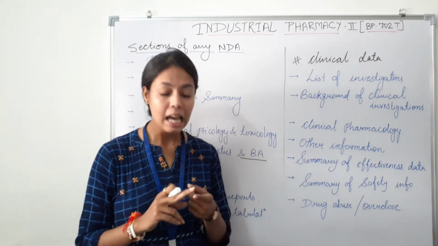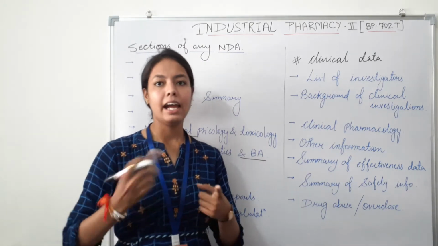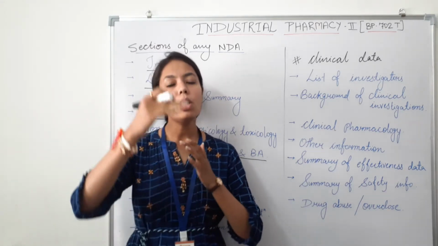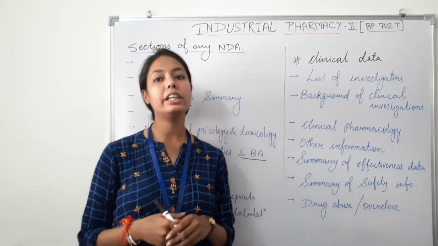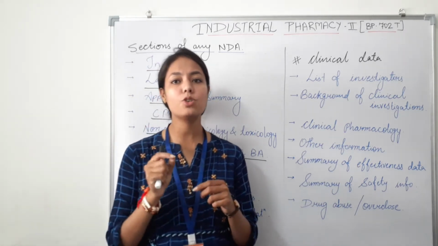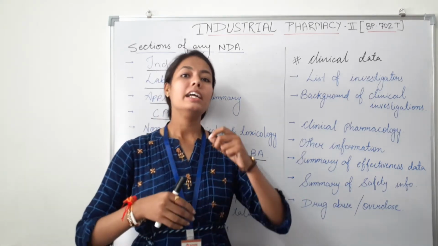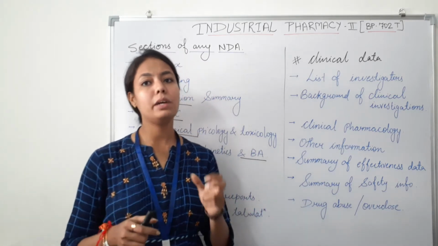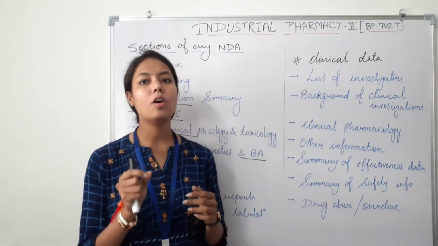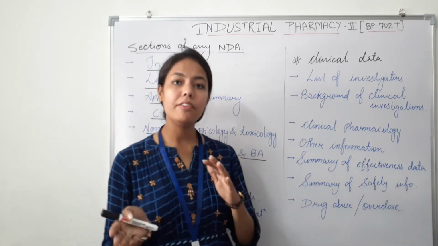So the first one is the list of investigators, list of INDs and NDAs. It includes the alphabetical list of all the investigators along with their addresses, and also provides the list of all known INDs under which the drug in any dosage form has been investigated previously, and any other relevant NDA of which the applicant is aware.